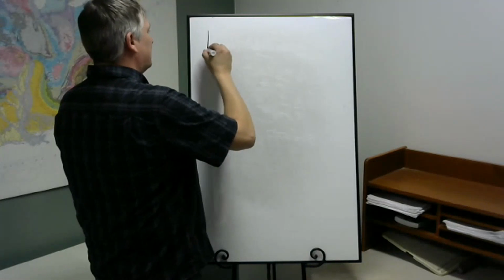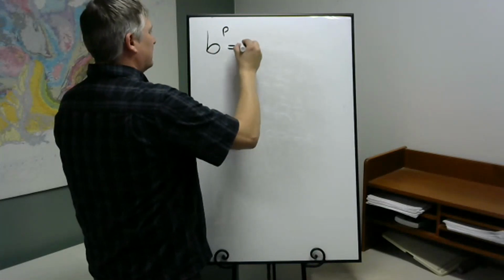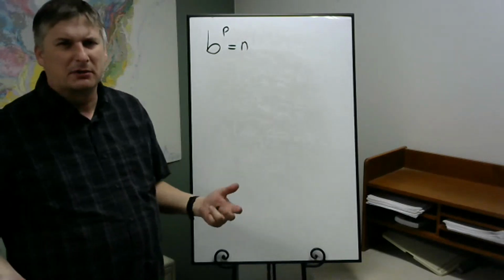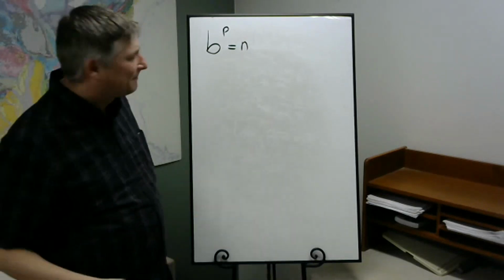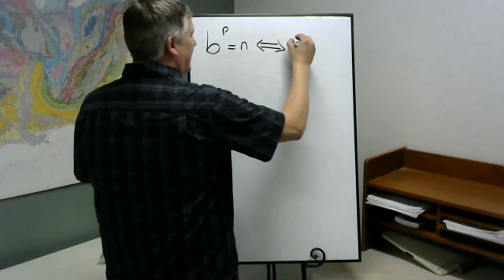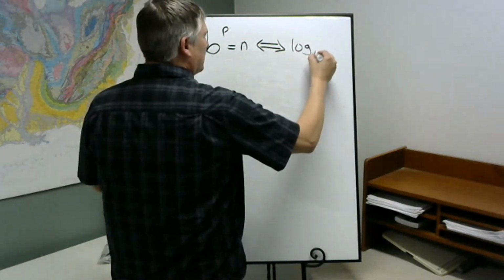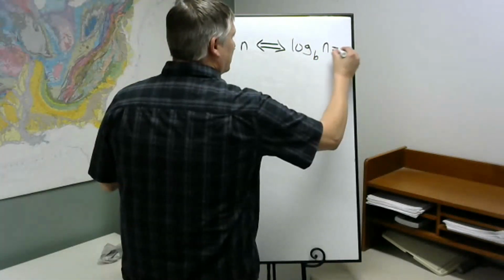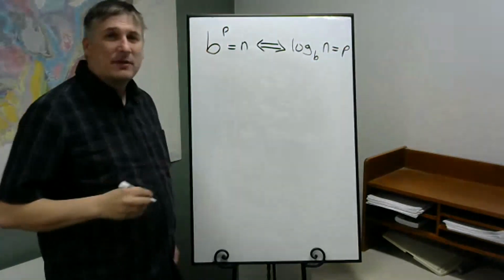If we have a base to a power, we're going to get some kind of number, like 3 squared. 3 to the second power is 9. This is the same as saying that the logarithm of the same base of that number is going to give you that power back.